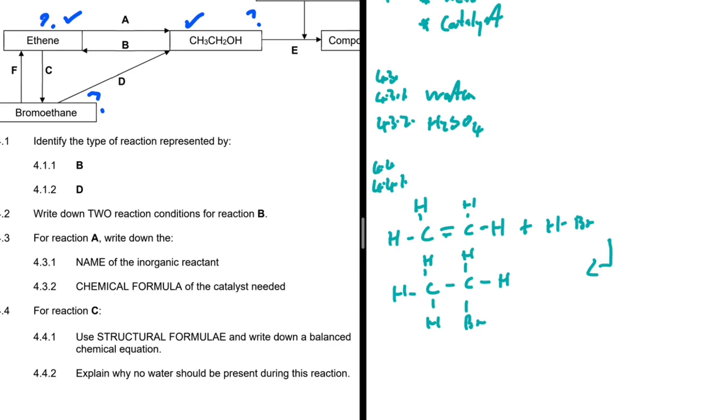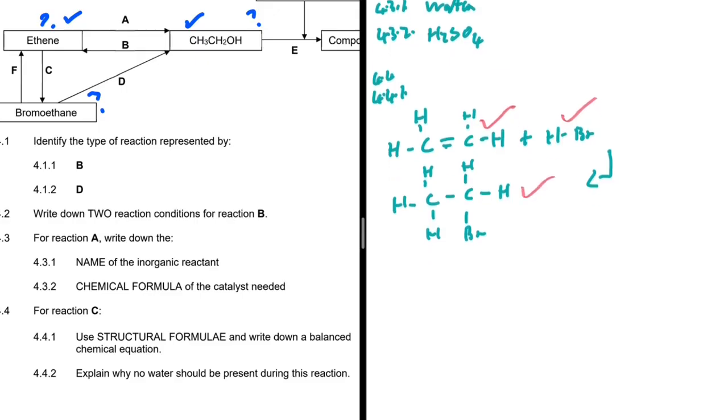Quite an easy reaction. We have our alkene, we add a hydrogen and a halogen, so it is a hydrohalogenation addition reaction, and then this is our product. There we go. 4.4.1. Let's take a look at 4.4.2.